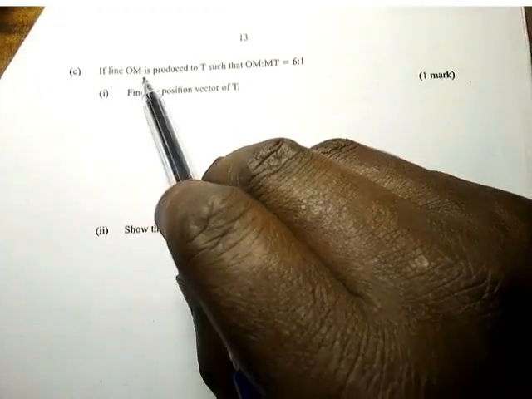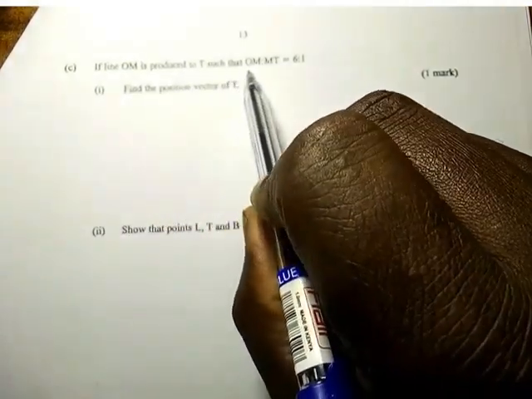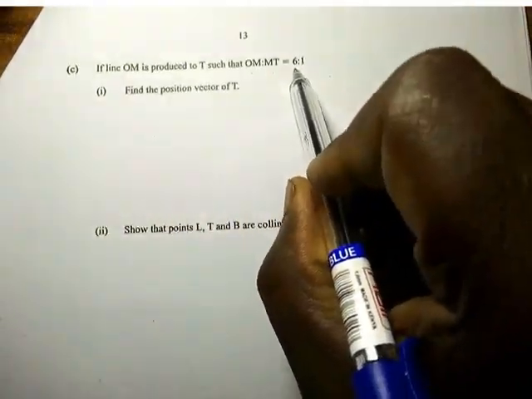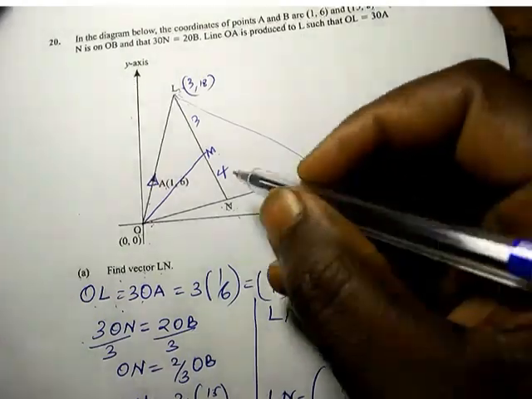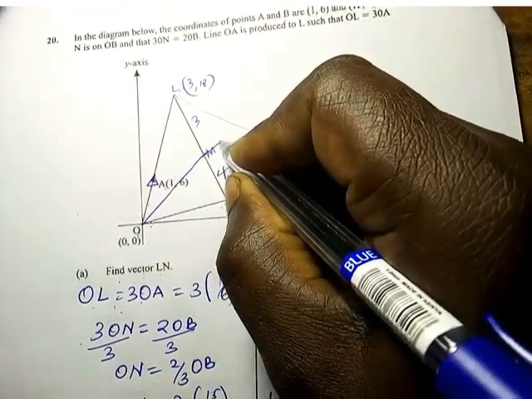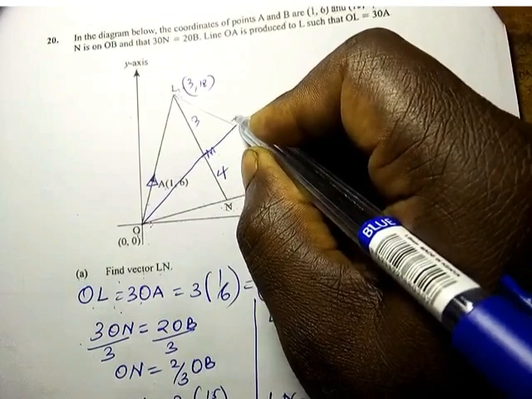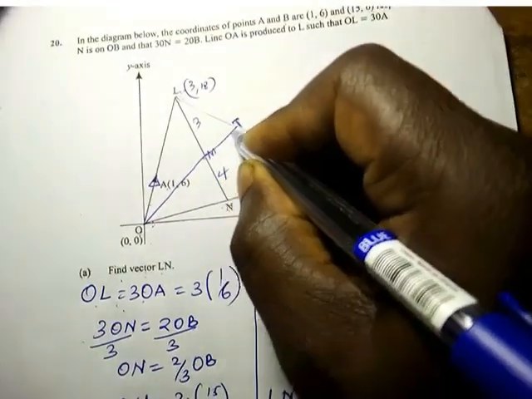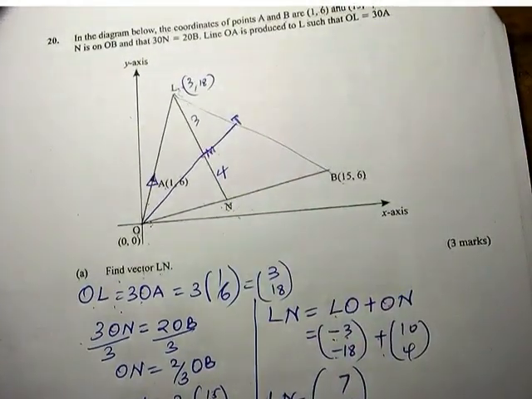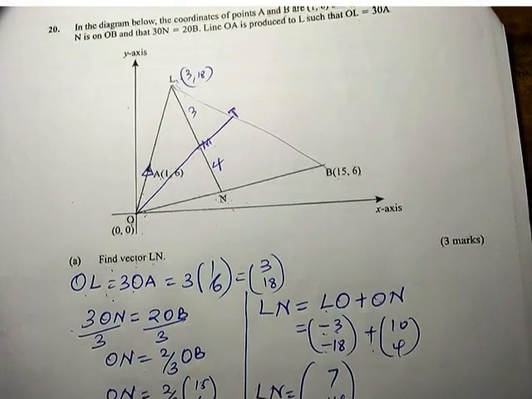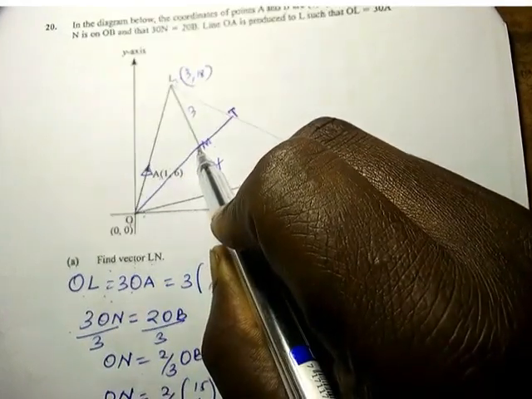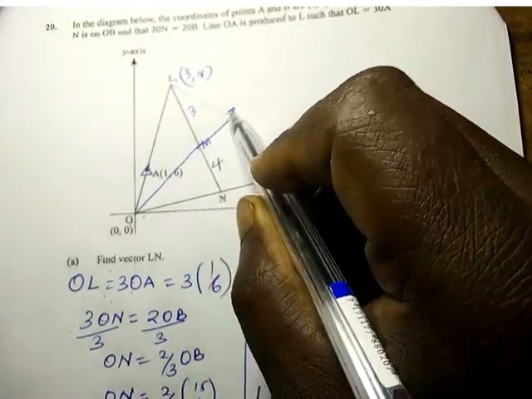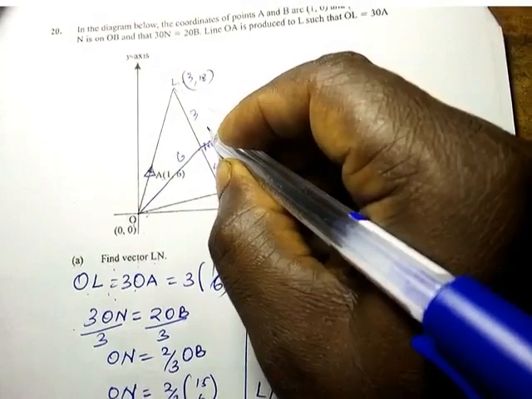If line OM is produced to T such that MT is 1/6 of OM, find the position vector of T. So T is produced on M. So our T is here, such that MT is 1/6 of OM.